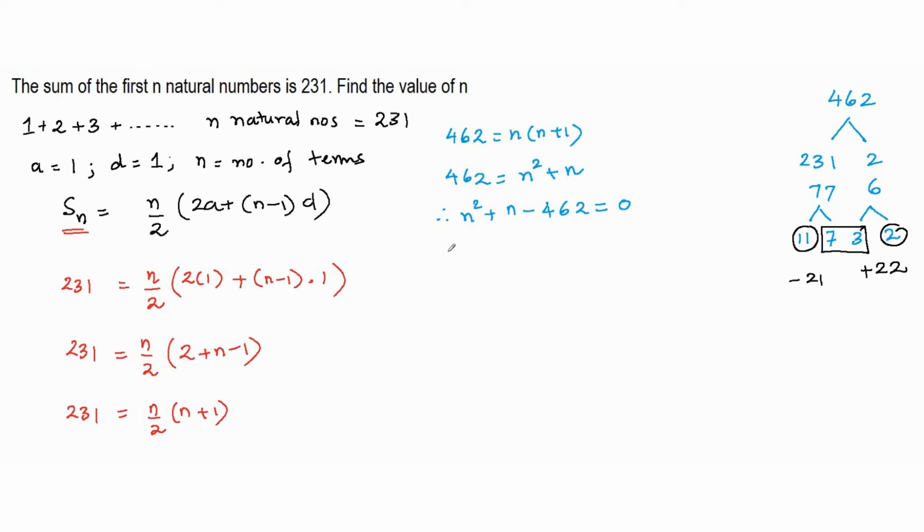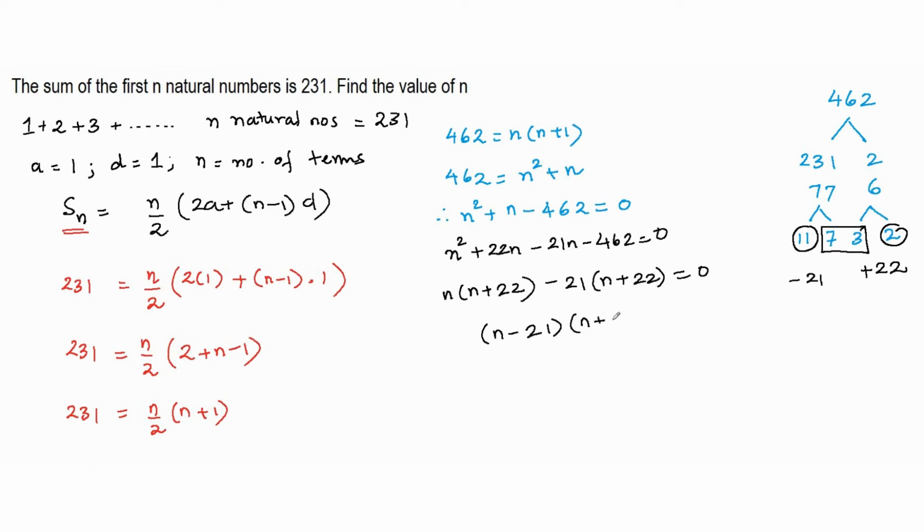So therefore the splitting becomes n² + 22n - 21n - 462 = 0. So n(n + 22) - 21(n + 22) is therefore equal to 0, and therefore (n - 21)(n + 22) = 0.